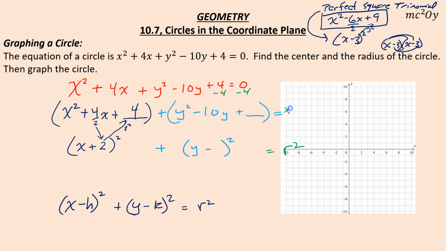I'm going to tail it off, make this a little smaller here. So I had the minus 4, and I'm going to have to add to it a positive 4. Okay?